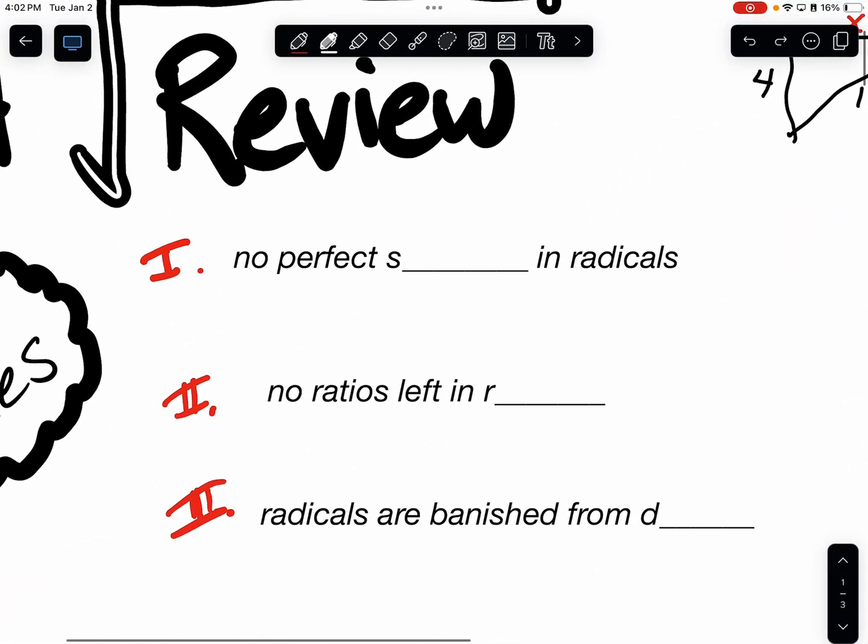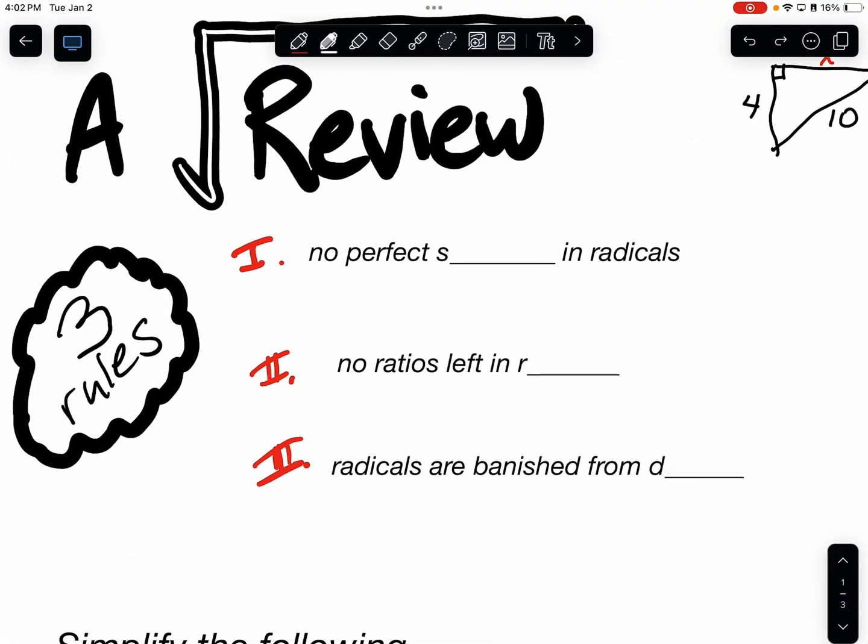So rule number 1 should be pretty easy. You've already dealt with this, in fact. In that example, you noticed we couldn't leave any square inside of a radical. So you have to take out any type of square. Now keep in mind, when you are working with cube roots or third roots, let's say the cube root of x, we can't leave cubes inside of radicals either.